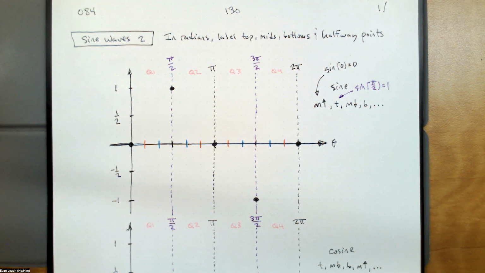If we just remember a few values, the rest of the graph kind of falls into place. So the first step, get your top, middle, and bottom.